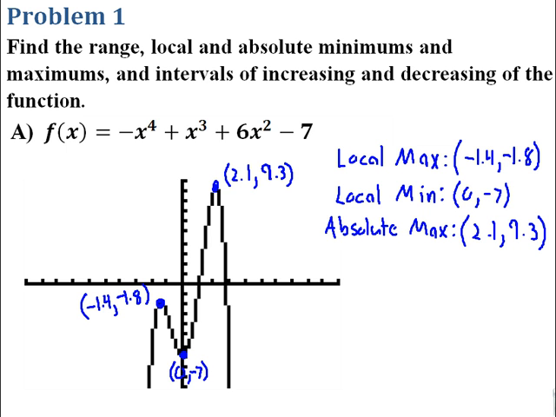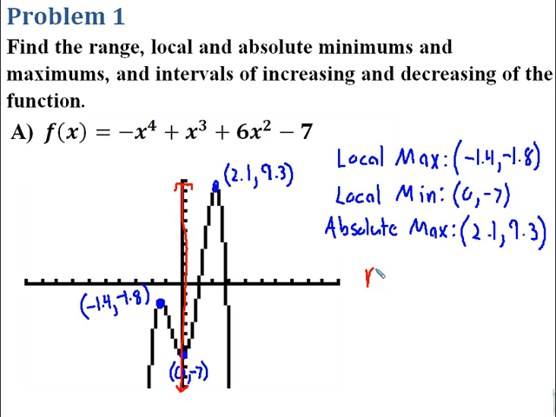Okay, next up, we'll talk about our range. Okay, as far as the y values this graph uses, it looks like it tops out at this maximum here, the 9.3, and then continues down from there, uninterrupted, no holes.